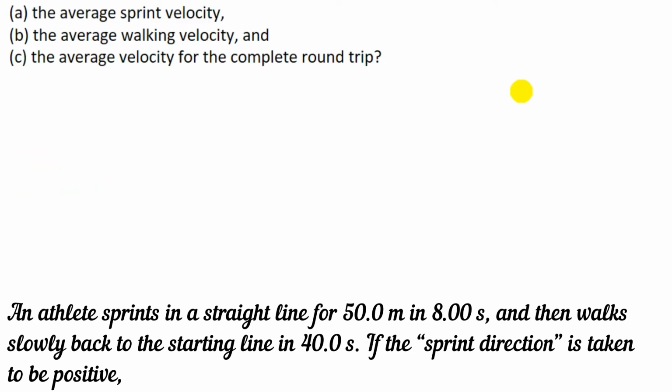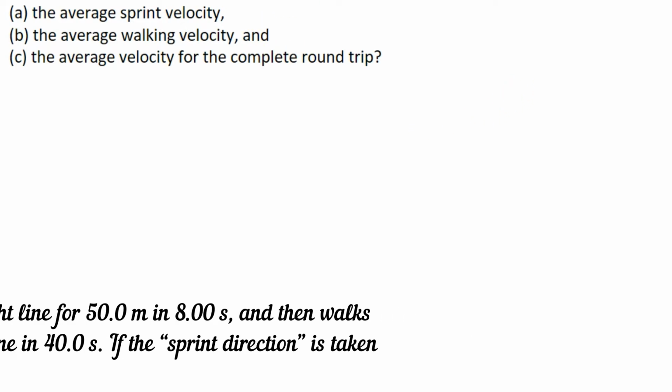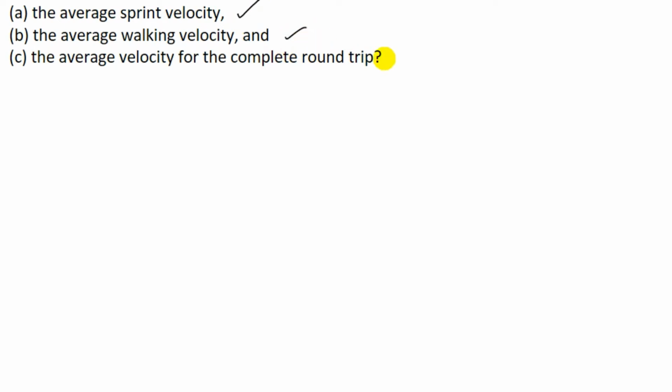We have to take the sprint direction as positive, and then solve these three parts: 1, 2 and 3. In the A part we have to find the average sprint velocity, in the B part the average walking velocity, and in the C part the average velocity for the complete round trip. So we'll be solving the A part first.